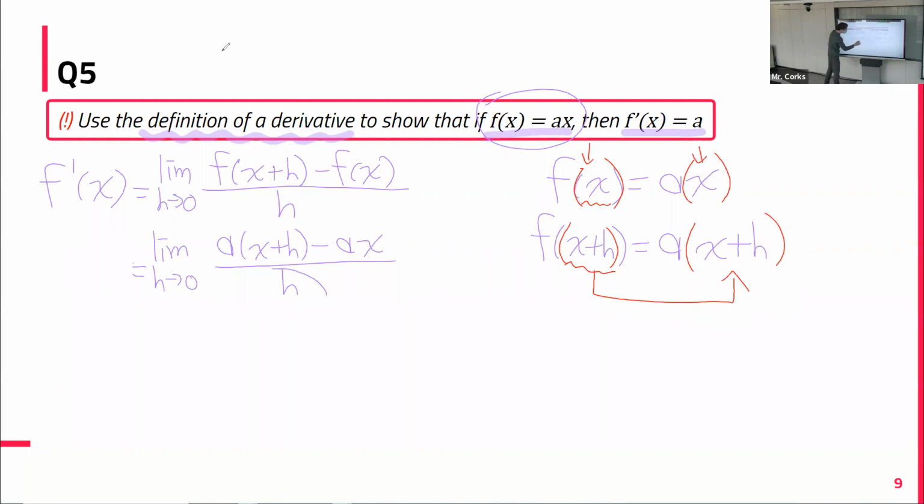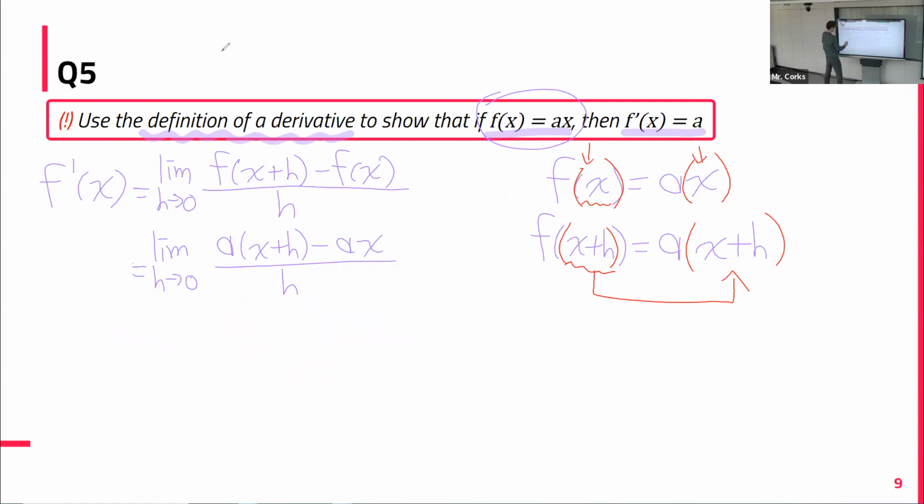We have an h on the bottom, and the whole purpose is to evaluate the limit. If we evaluate the limit now, with h equal to 0, we get a of x plus 0 minus ax all over 0. But that's a division by 0 problem, we can't do that. So our whole goal is to get rid of the h in the denominator.